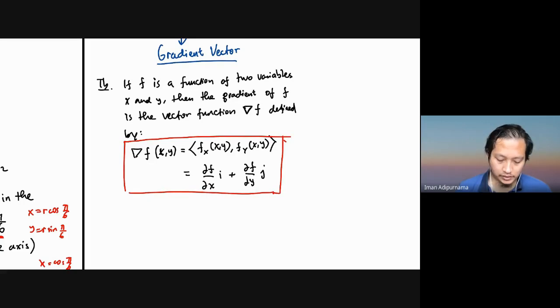And the directional derivative in this case means that we have the dot product between this gradient vector and the direction, the unit vector.